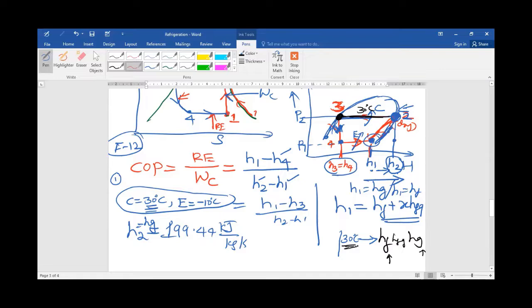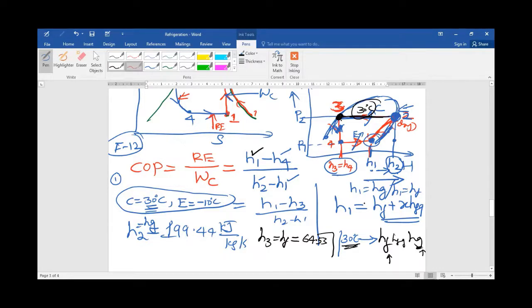So you need to write the HF value. H3 is equal to HF, which is 64.53. 64.53 is the value.